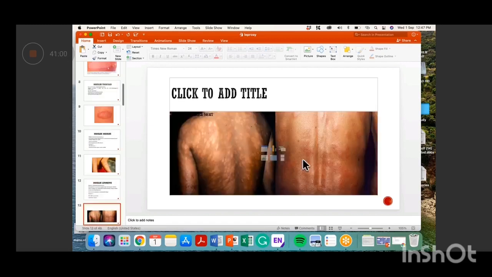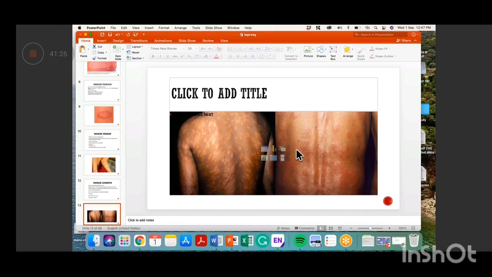Lepromin test is usually negative. As you can see here, there are multiple hypopigmented, shiny skin lesions present on the trunk. In the second photograph, there are multiple erythematous shiny lesions here. So you can see two manifestations. One is slightly hypopigmented, but both of them are shiny. This shininess is an indication of infiltrative appearance of the lesions.